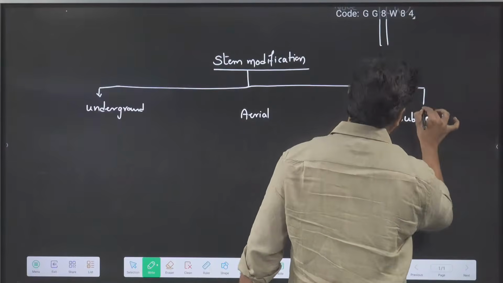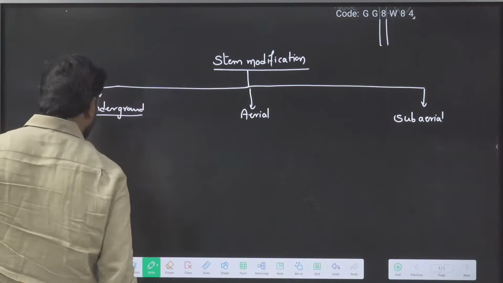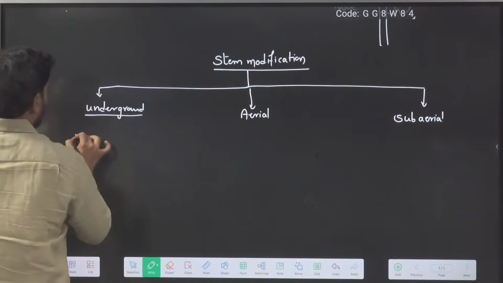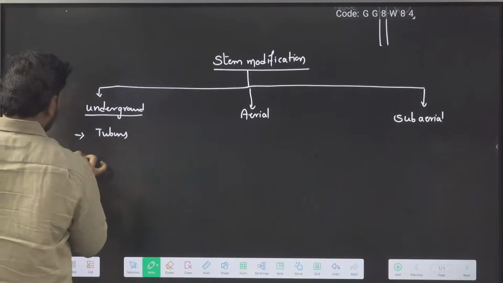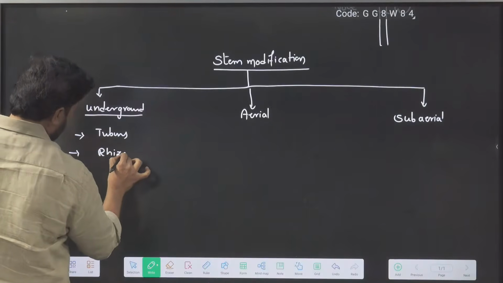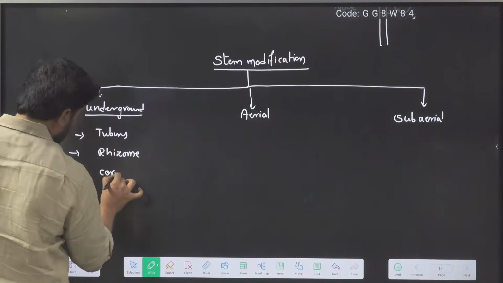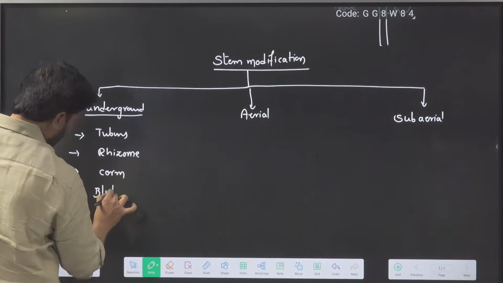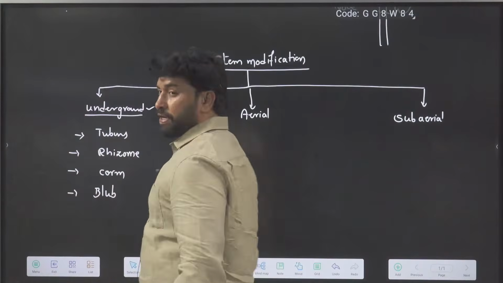First of all, underground stem modification: stem tubers, rhizome, corm, and bulb. Listen. Underground stem modification.